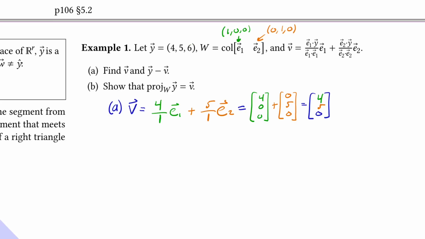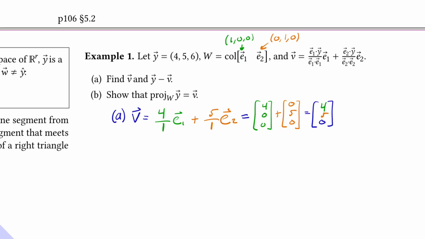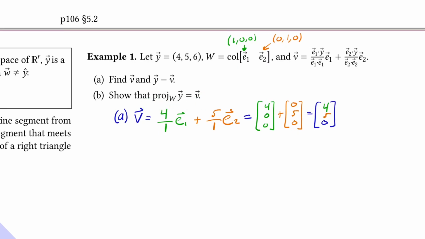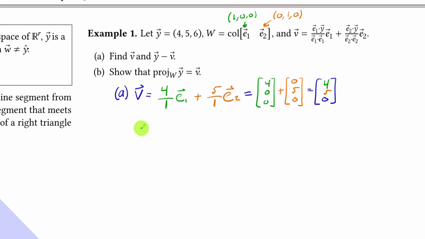Now, let's find y minus v and check that that is actually orthogonal to W. We want to show that this V here is actually the projection onto W of y. But first, let's get the y minus V.